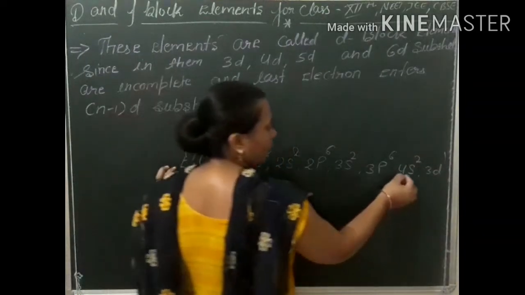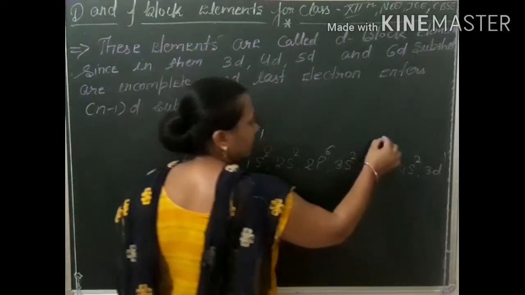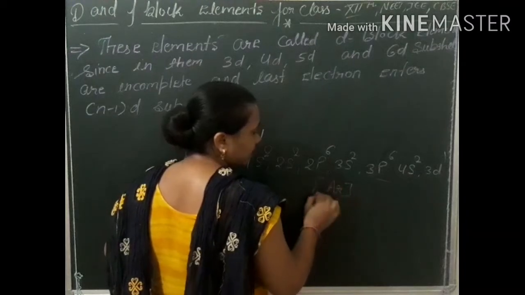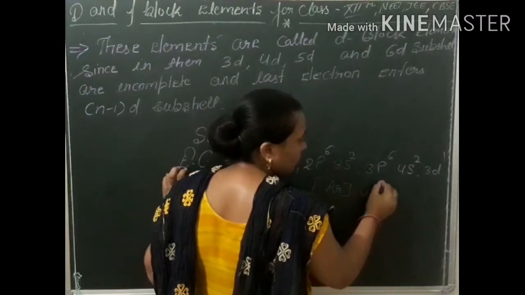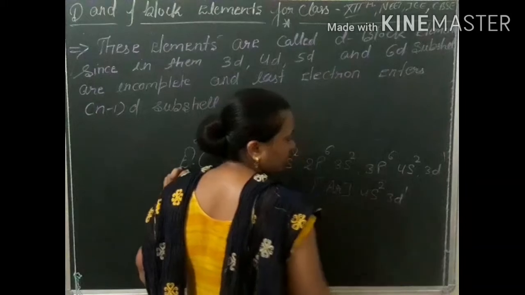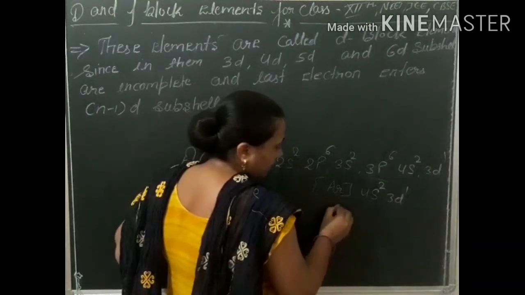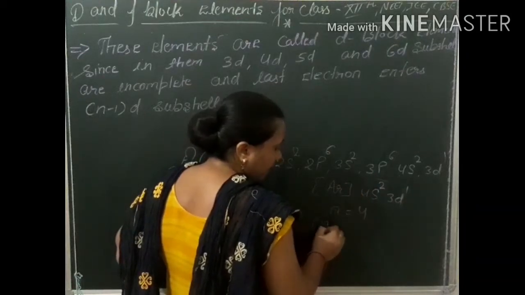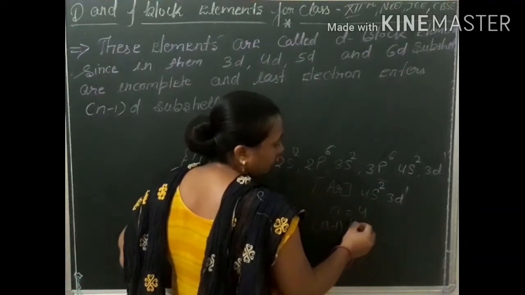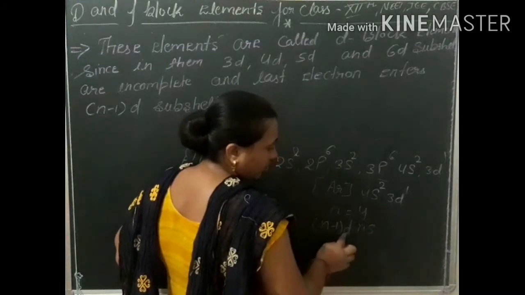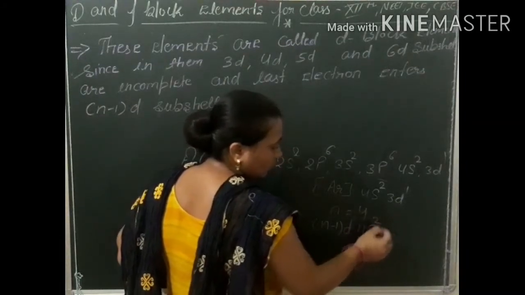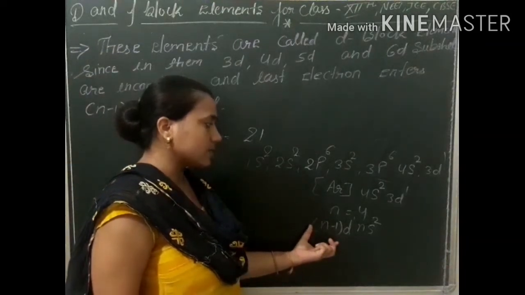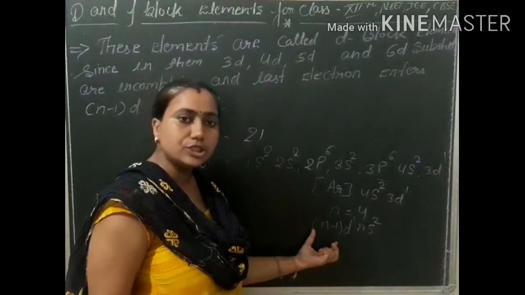Here argon is complete, so we can write argon 4s2 and 3d1. Here the shell is 4th, the value of n is 4, so the electronic configuration is (n-1)d1 and ns2, where n is equal to 4. The last electron enters the n-1 d subshell.